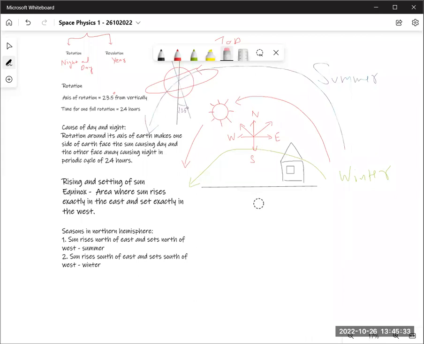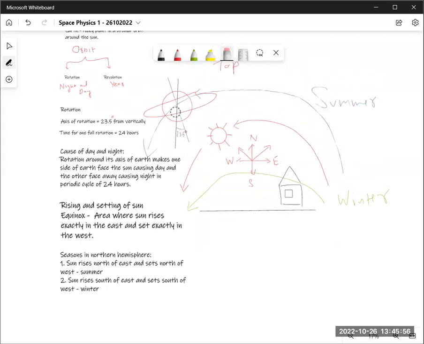Why is that? Because in the revolution, the Earth is directly facing towards the sun for long periods of time. But when it's winter, your side of the Earth is facing away from the sun for longer amounts of time. Now, what that causes is the axis of the rotation to change slightly.